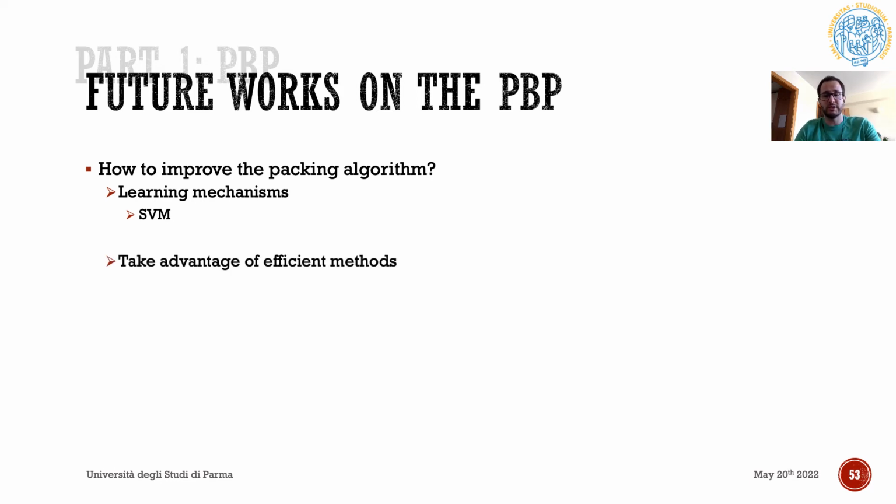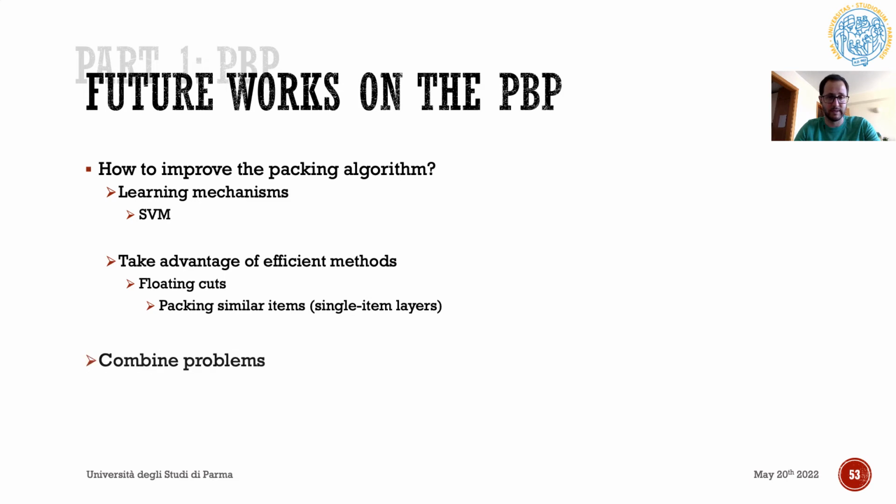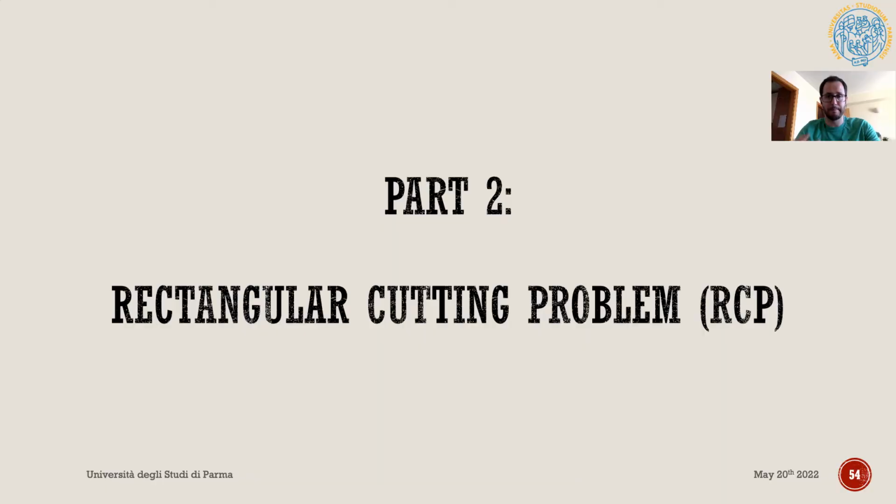Another strategy is to take advantage of efficient methods for solving parts of the problem. For example, the recent floating cuts method to pack similar items when creating single item layers. Finally, we propose to combine different problems, for example, packing and delivery, to try to improve the logistics of the whole process. Okay?